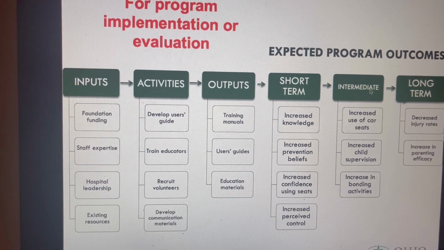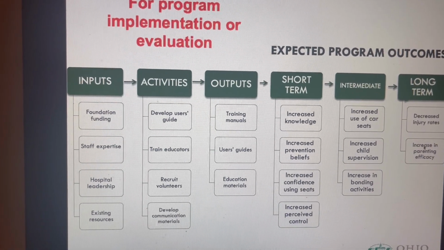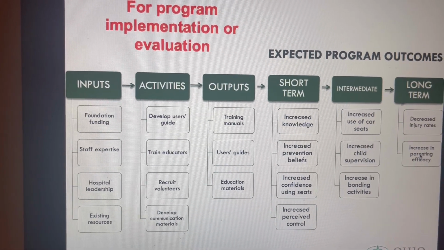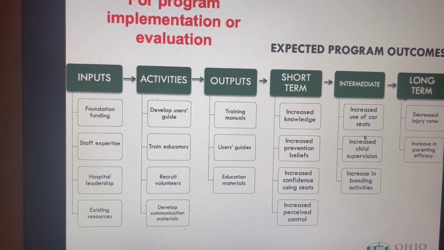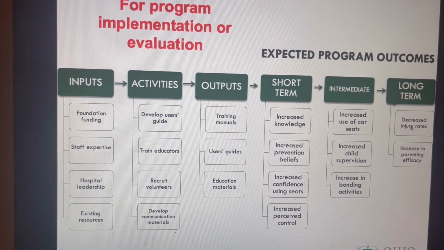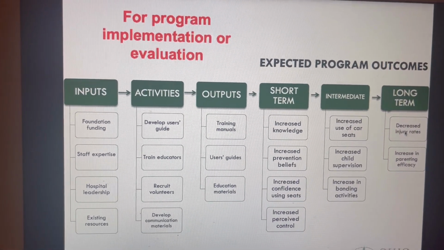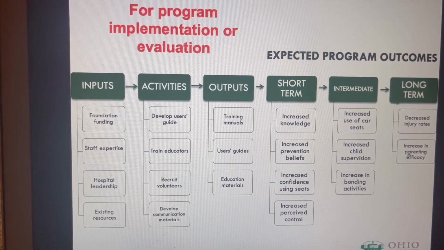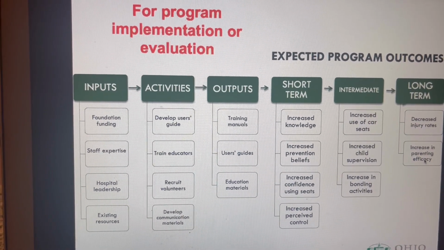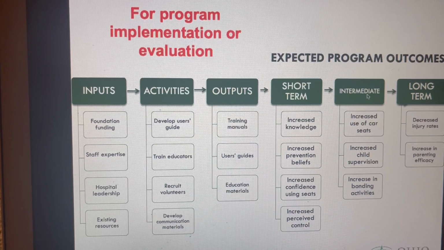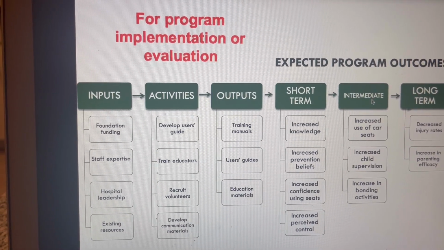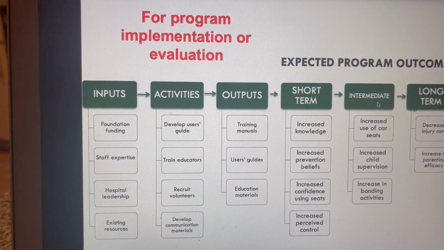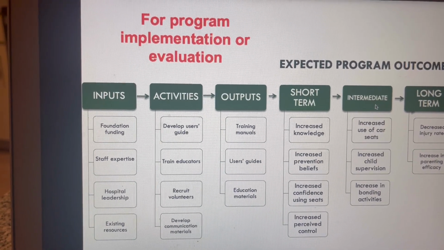Then after we put down our goal, we look into our intermediate outcome. If our long-term goal is to decrease injury rate and increase parenting efficacy, what is going to be our intermediate change, which is our medium outcome? Our medium outcomes deal with behavioral change.